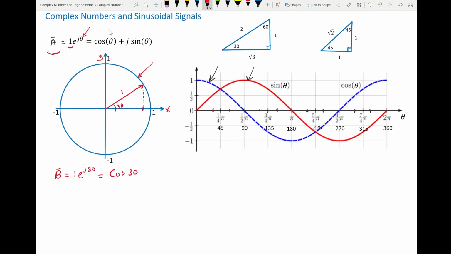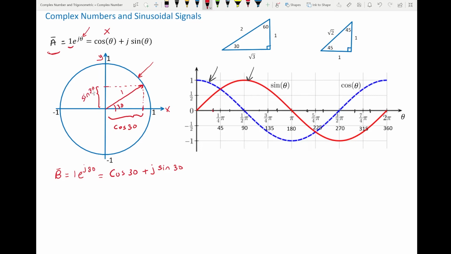So this is the x component of the complex number, plus j times the projection of this vector along the vertical axis. So that will be sine theta. So this length here is cosine theta, and this length here is sine theta.